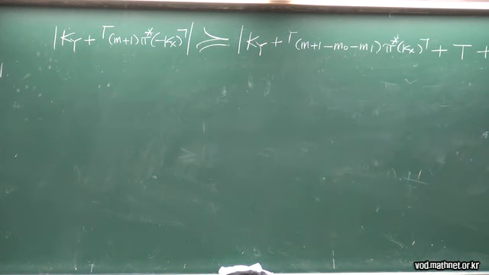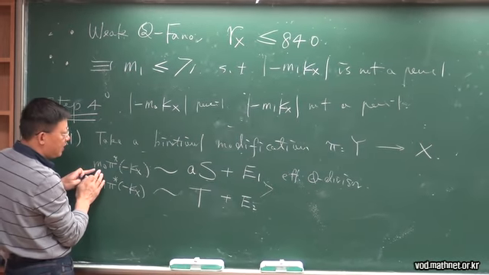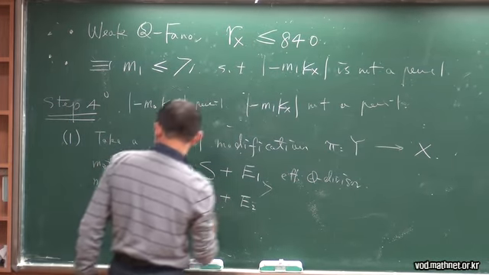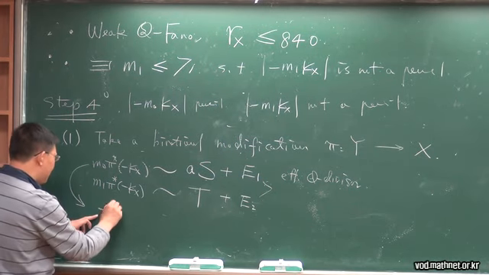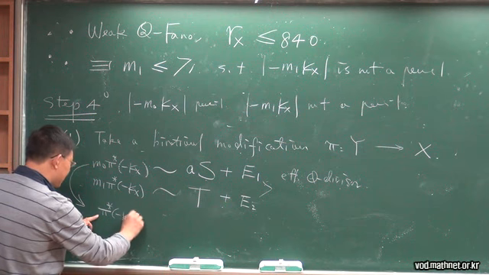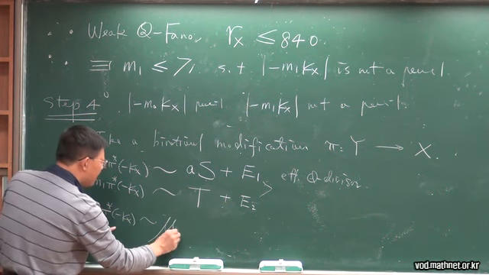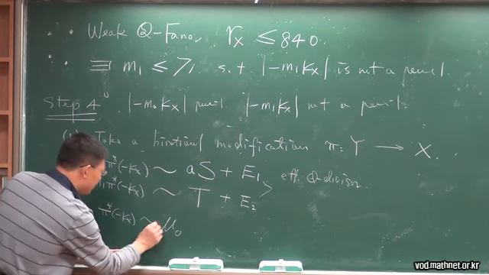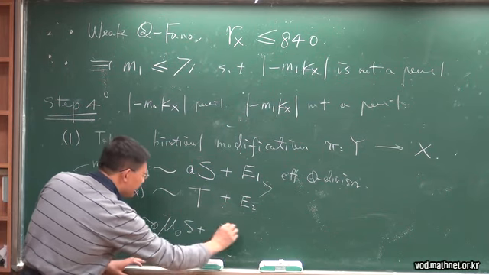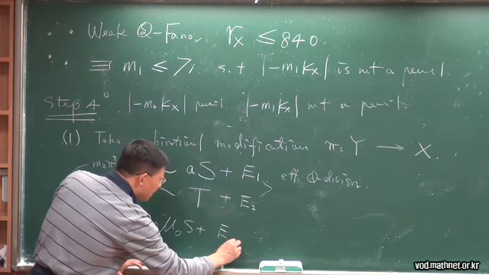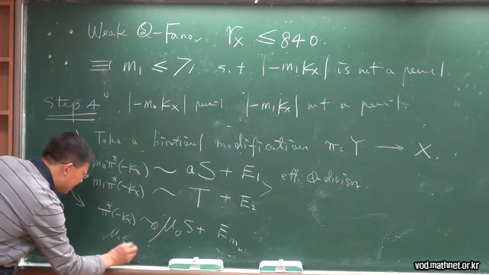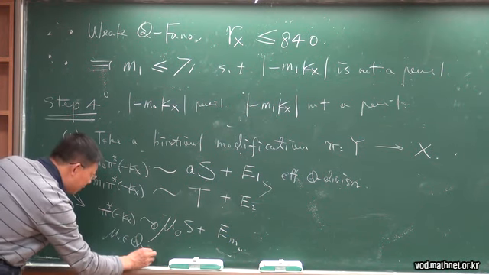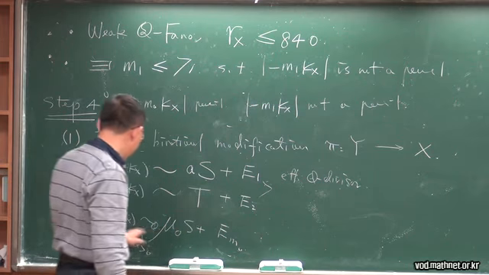So here a is something, yeah, a is related to P minus M naught. Anyway, we can replace this by pi upper star minus Kx, some rational number mu naught S plus some E M naught. Okay, so here mu naught is a positive rational number, so we only care about this.